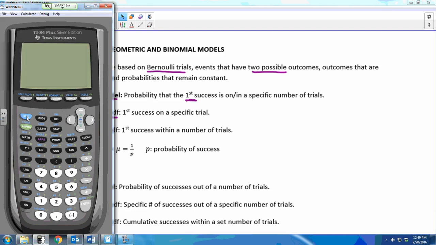So these are all in your distribution menu, if you remember. Scroll up, you've got geometric PDF and binomial PDF and CDF. So PDF asks you for p, which is the probability of success, and then what trial number you want your first success to come on. Okay?